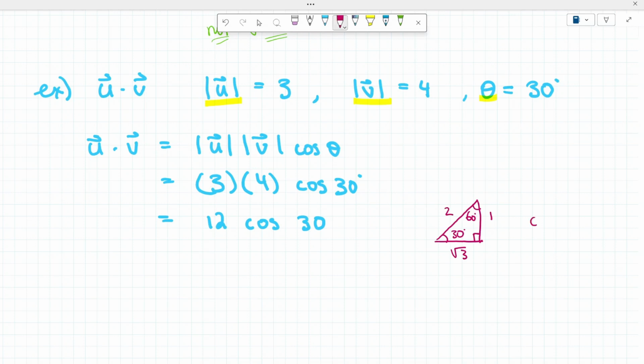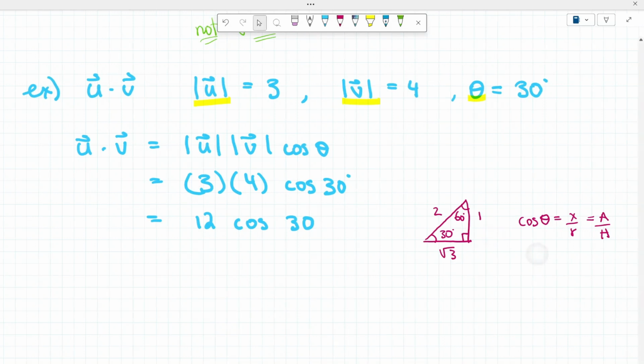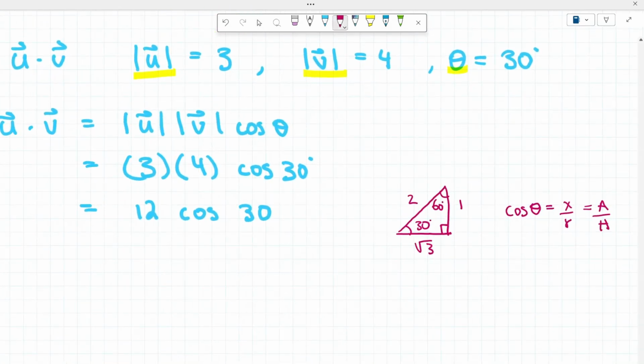So cosine theta equals x over r, which is also known as adjacent over hypotenuse, depending on which lingo you like to use. Here our x is root 3, so we get root 3 over 2. That means cos 30 equals root 3 over 2.